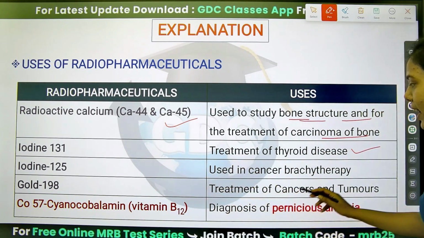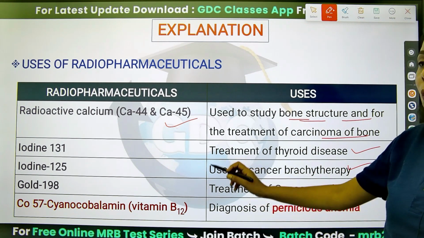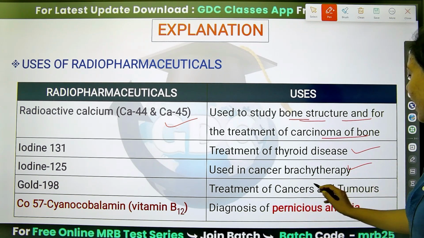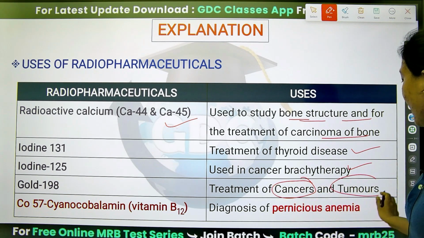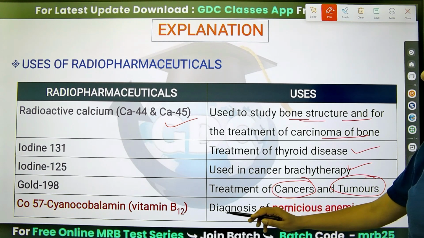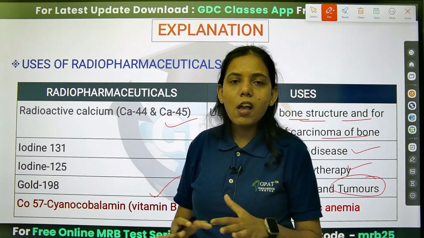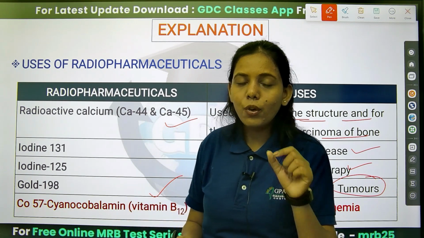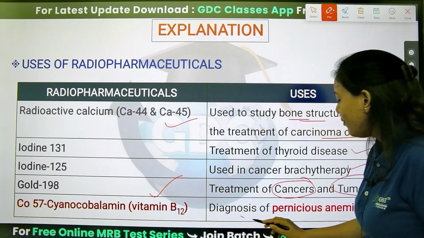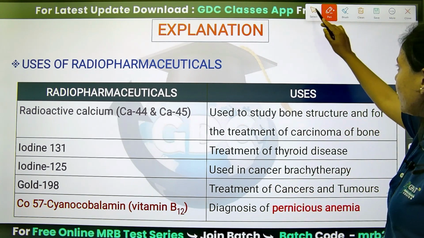Iodine 125 is used in cancer brachytherapy. Remember, gold 198 is for the treatment of cancer and tumors. Whereas cyanocobalamin is nothing but vitamin B12. Remember, sometimes they will ask you the alternative names also. So it is vitamin B12, for diagnosis of pernicious anemia. So that is the right answer.